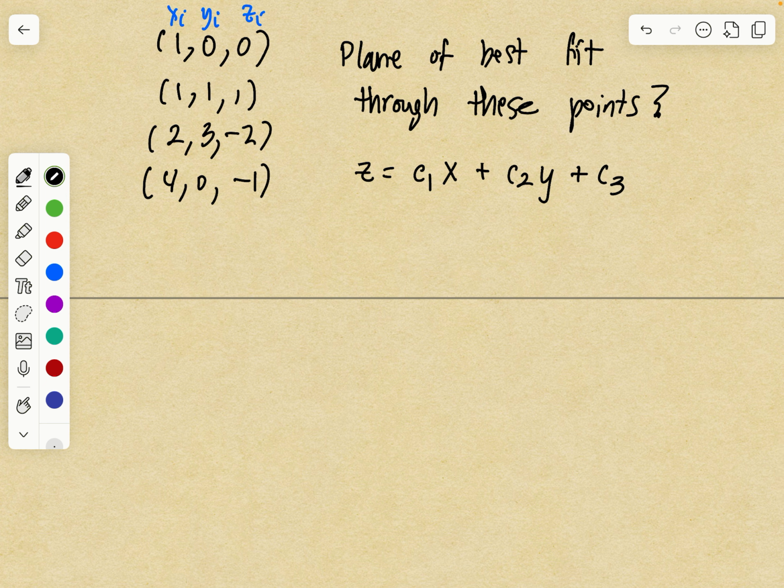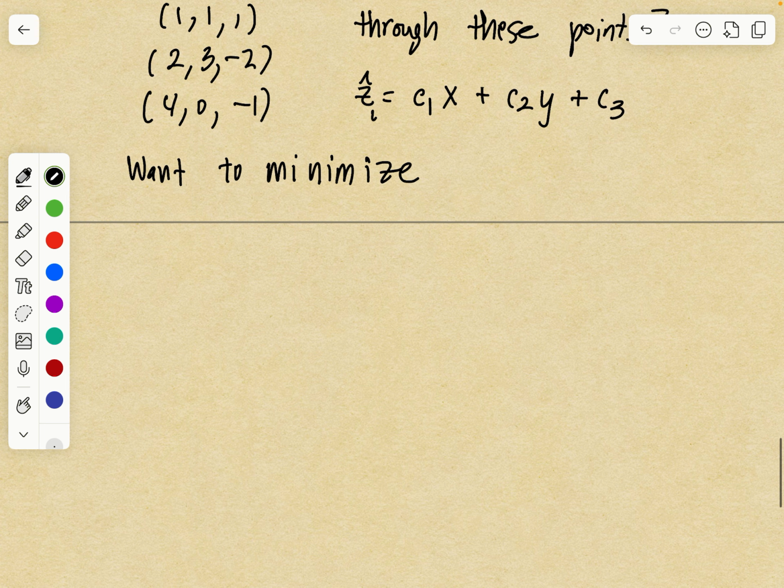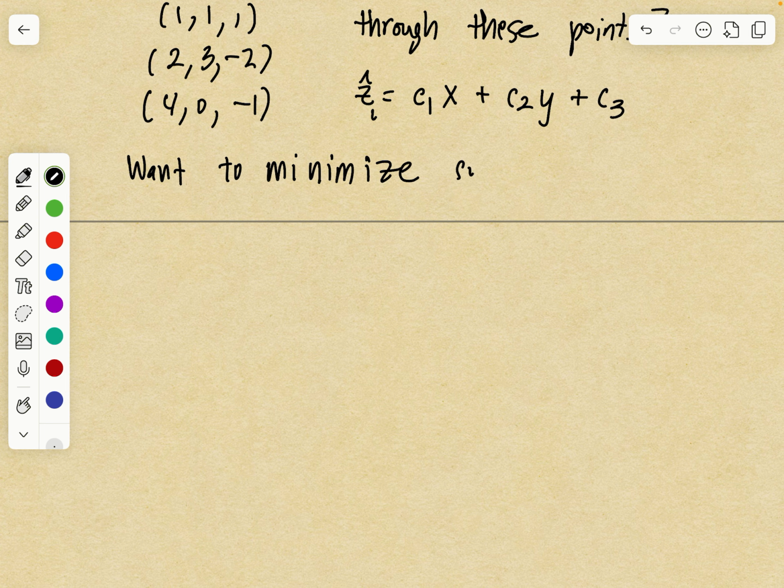We're trying to find a plane such that if you set zi hat equal to this, you want to minimize, again, the sum of the squares of the errors.